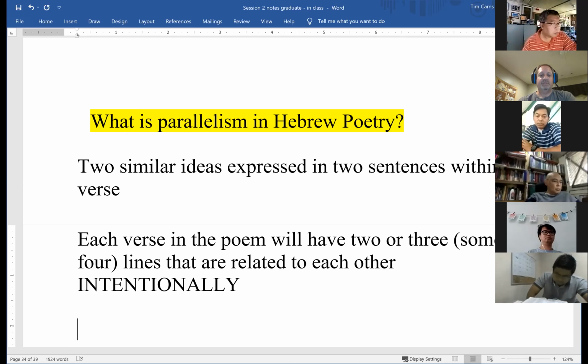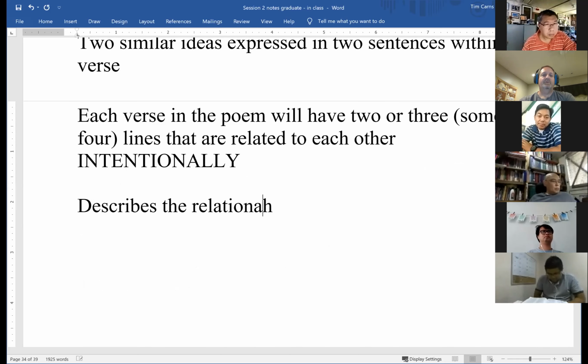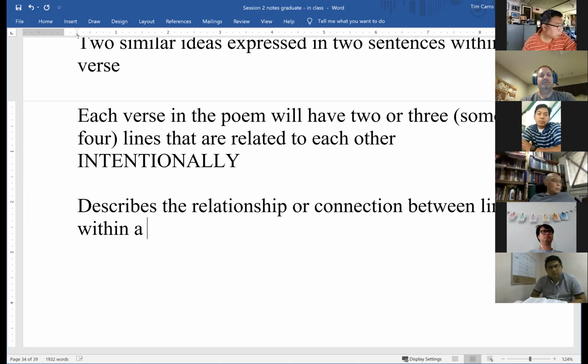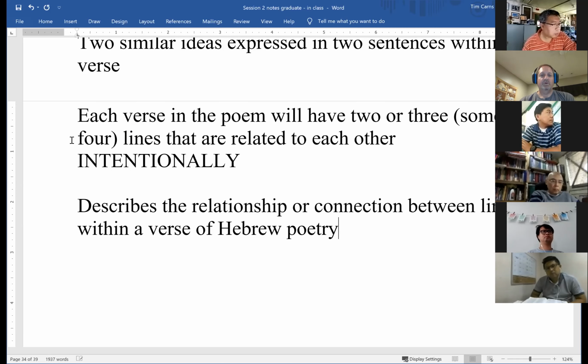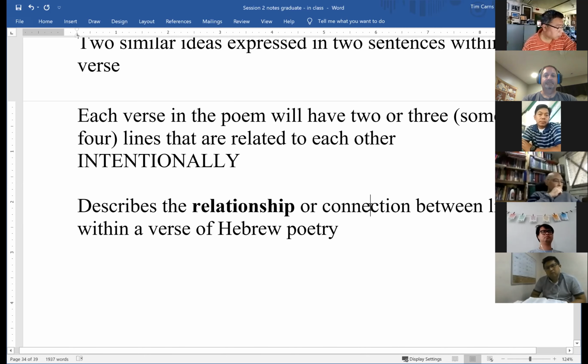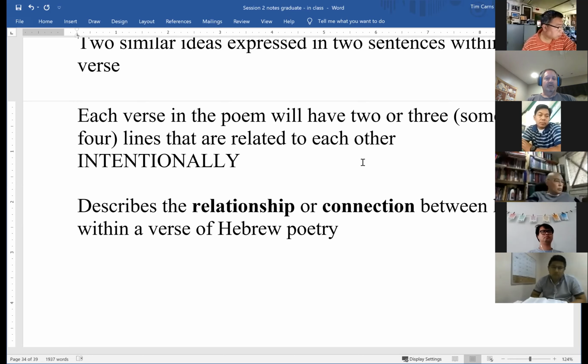We could say parallelism describes the relationship or connection between lines within a verse of Hebrew poetry. The key words here are relationship, connection. This is really important to remember, again, especially when we're looking at the Psalms.